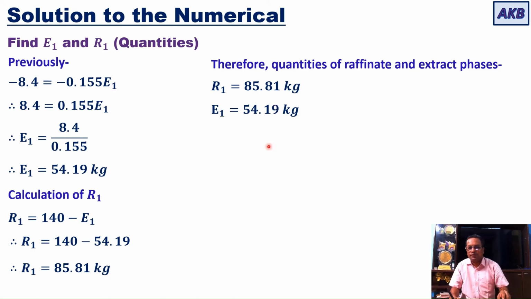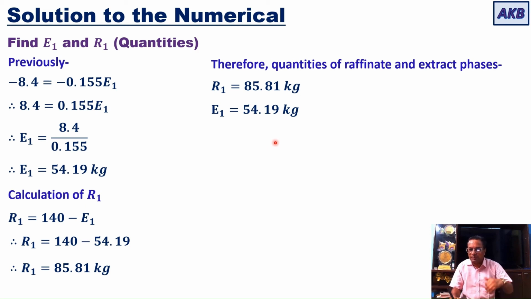So in this way, we have to find out the quantities of raffinate and extract phases. The only important thing is drawing the tie line that passes through M1. And for that, we are supposed to use a trial and error method. In my case, what I have done is I have drawn the tie line parallel to the closest given tie line.